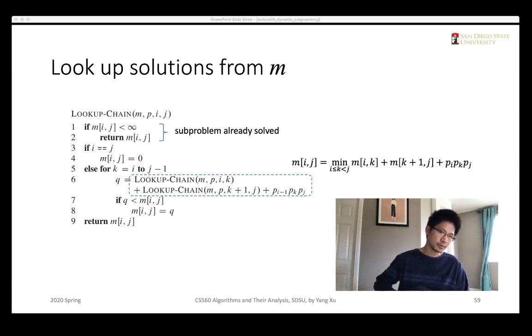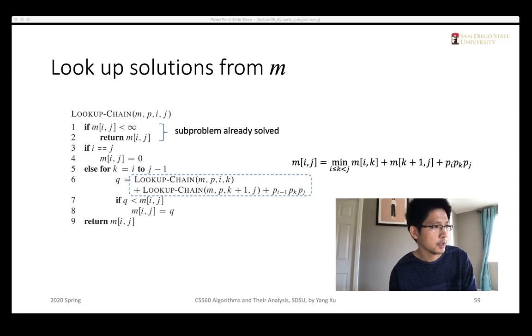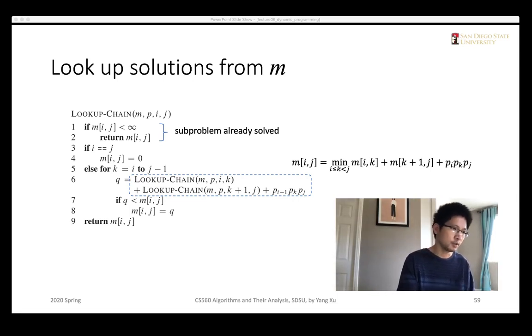But in the bottom-up way of doing dynamic programming, we need to start from the smallest subproblems. Without recursively calling the procedure, we arrange the subproblems in order so that we solve the smallest problems first, and later when we solve bigger ones, we can rely on these solutions to the smaller subproblems.